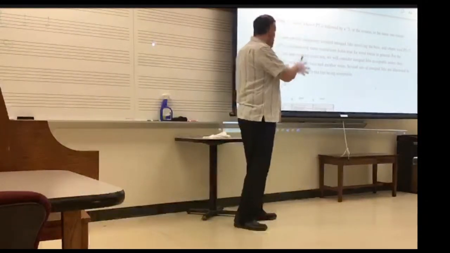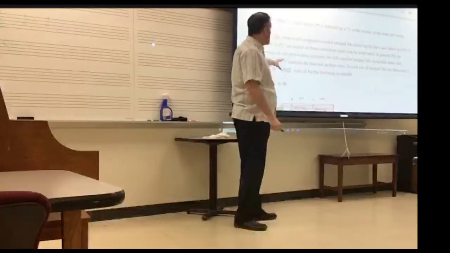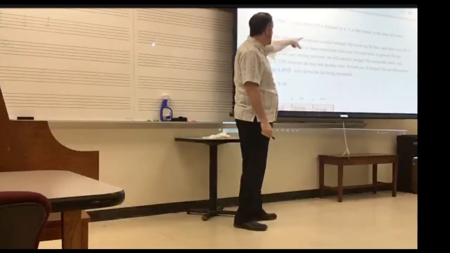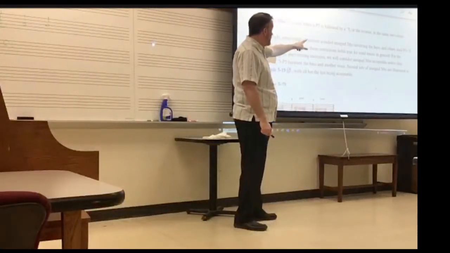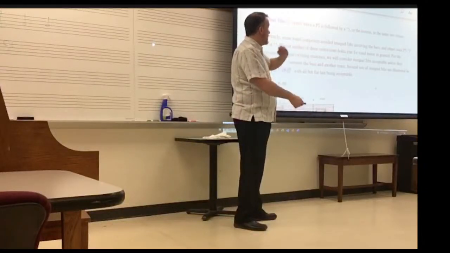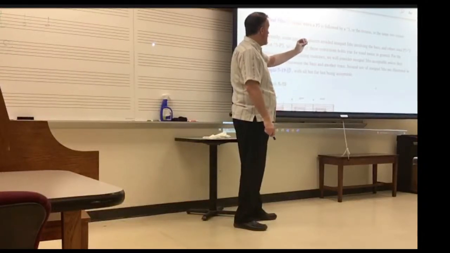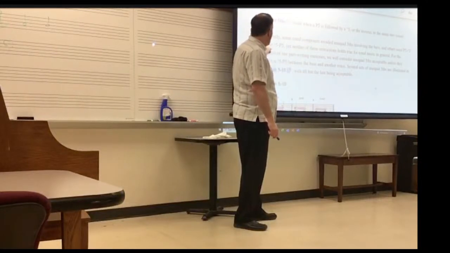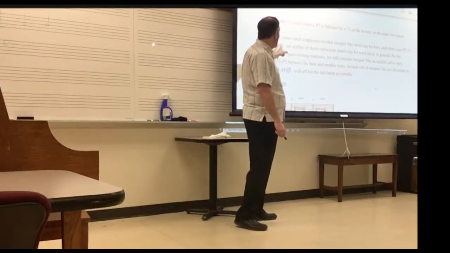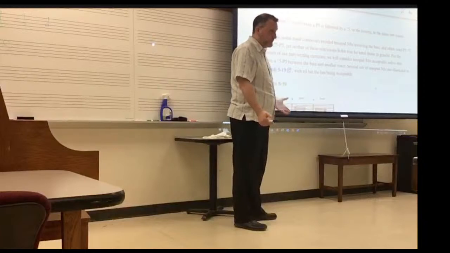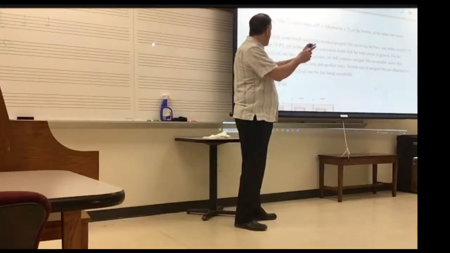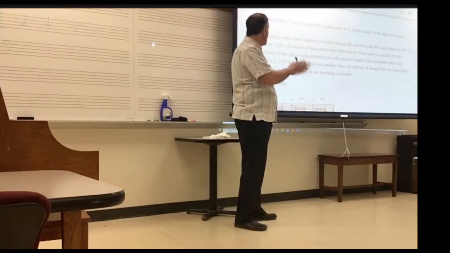Apparently some tonal composers avoided unequal fifths involving the bass, and others used the perfect fifth to a diminished fifth, but they did not use the diminished fifth to a perfect fifth. Yet neither of these restrictions holds true for tonal music in general.